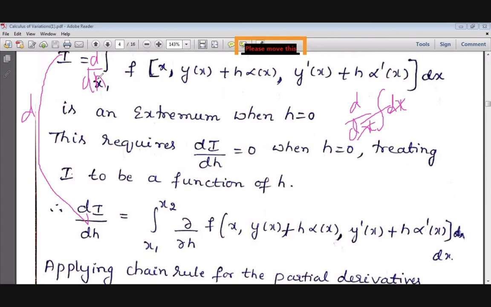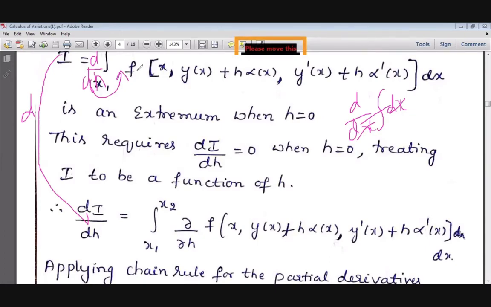But see here, here h is there, here x is there. It won't cancel. You can't cancel integration and differentiation signs. Therefore, we have to take this differentiation sign inside this integration.